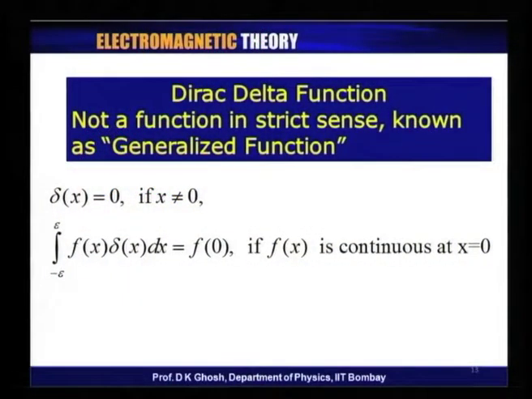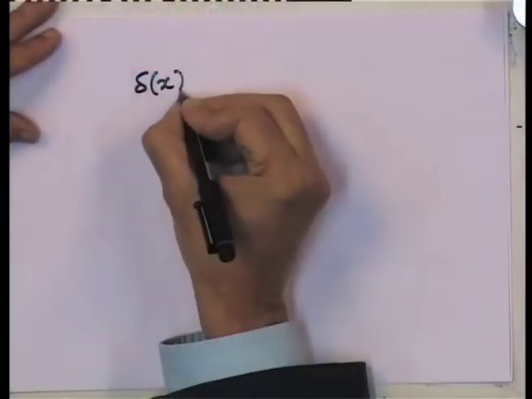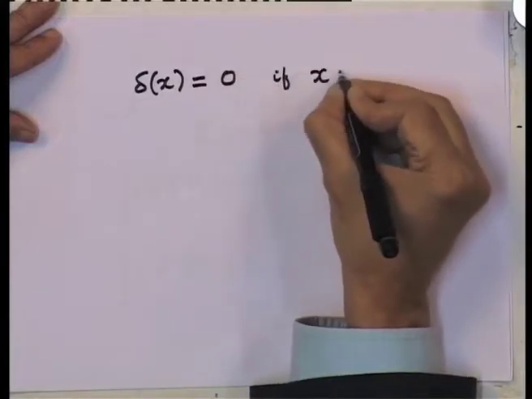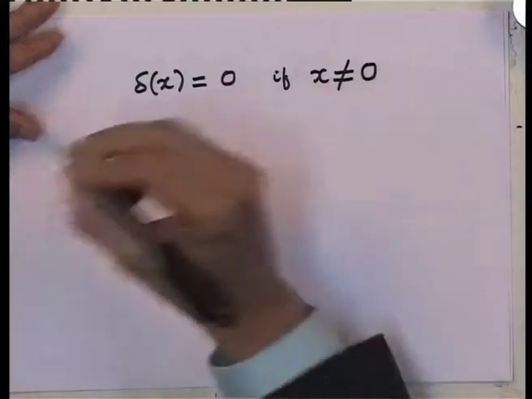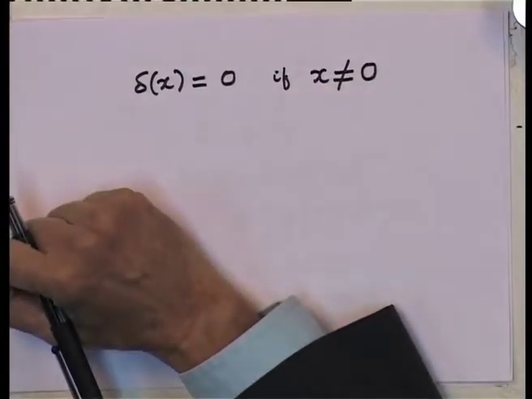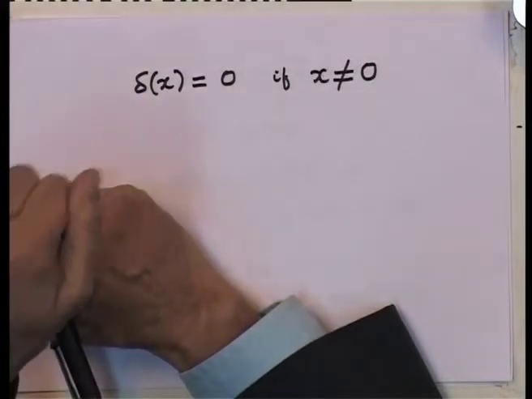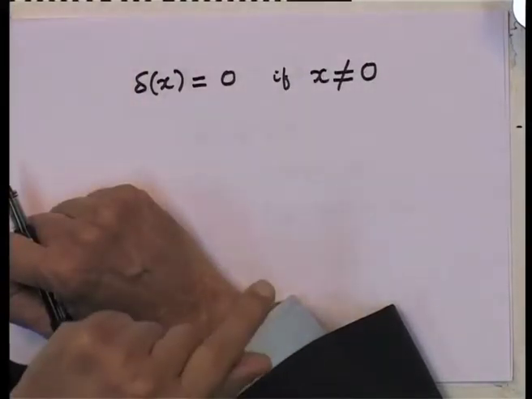But let us look at how one defines the delta function. The definition of the delta function is interesting. It says it is a function which is 0 everywhere excepting at a point. So, delta of x is equal to 0 if the argument is not equal to 0, if x is not equal to 0. Now, what happens at x equal to 0? Well, we do not quite define it by giving a value, but you can already see.